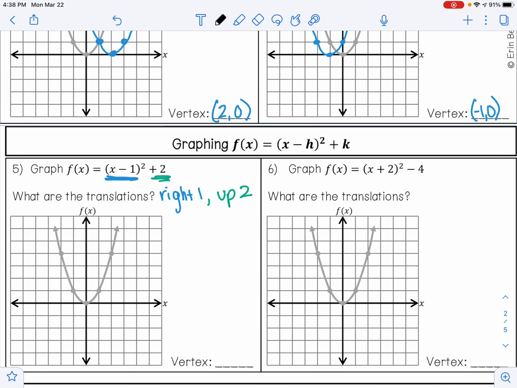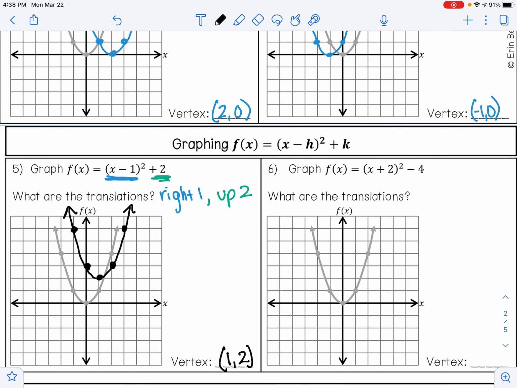So I'm going to take each ordered pair and go right 1, up 2. I'm just going to keep doing that. And now I can go ahead and connect these points to create a parabola. The vertex of the translated graph is the point 1, 2.